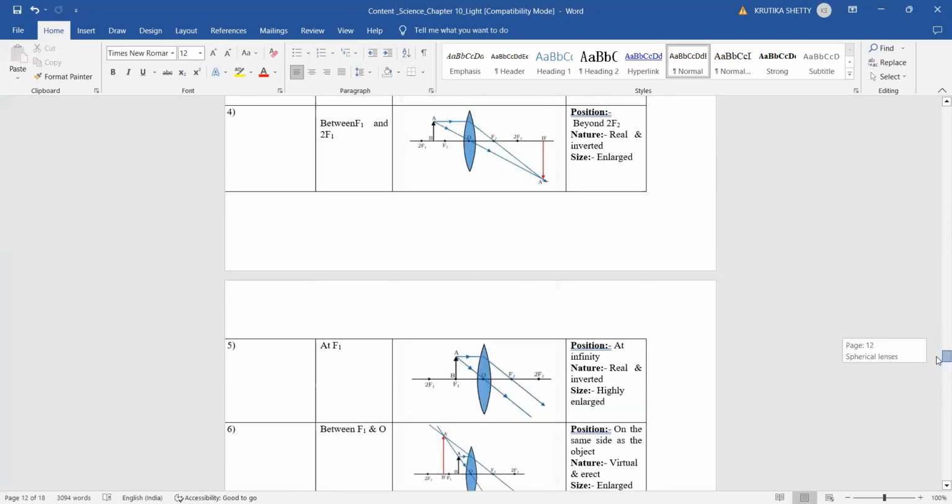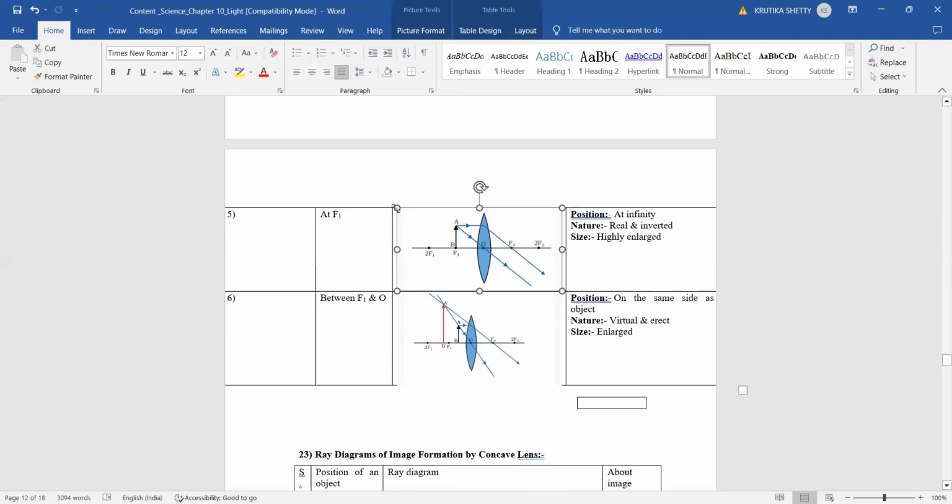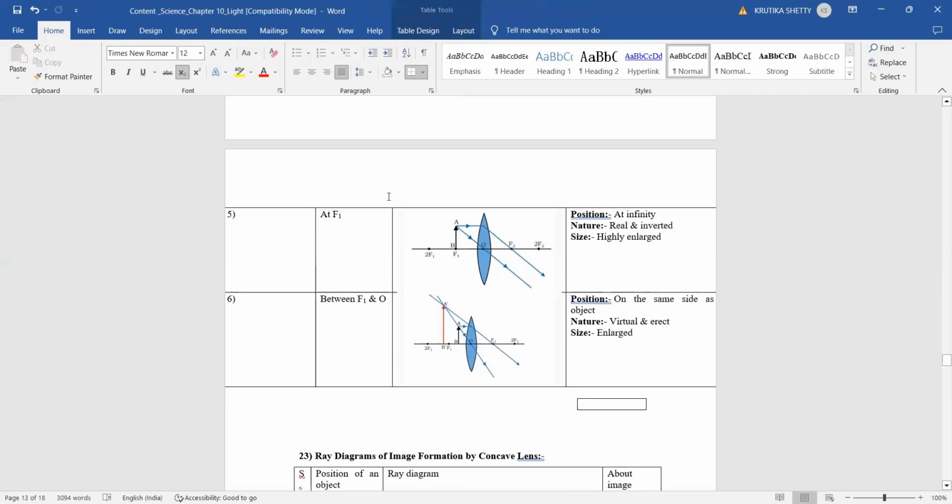Then next figure, the fifth case. When the object is at F1, the image is formed at infinity.